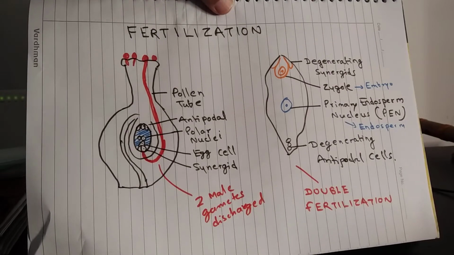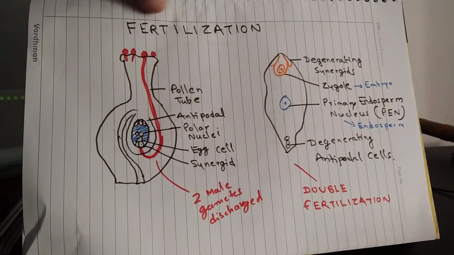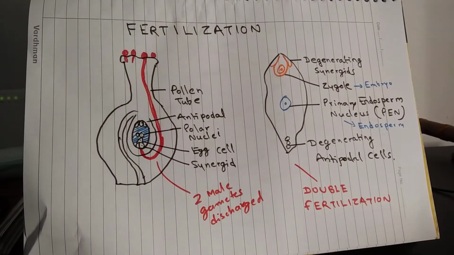Now, what happens during fertilization? Once pollen grains mature and are released from the anthers, they reach and land at the stigma. This process is often assisted by various agents of pollination like wind, water, insects and even some animals.